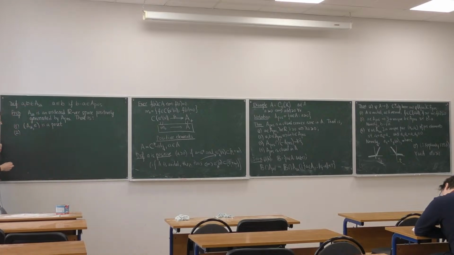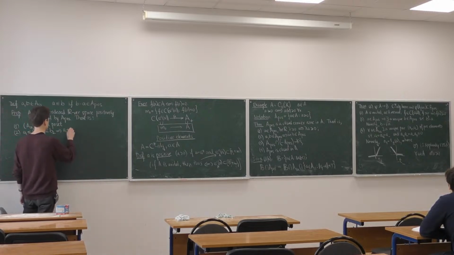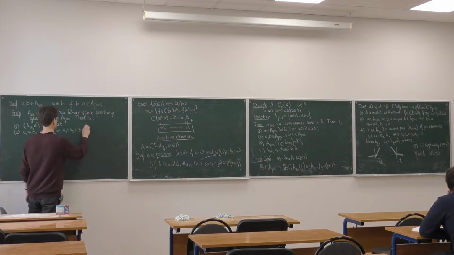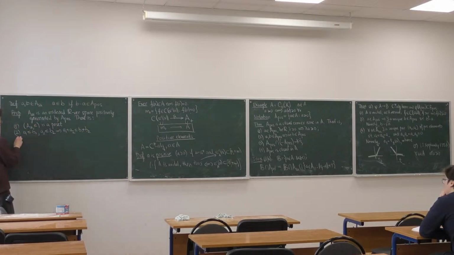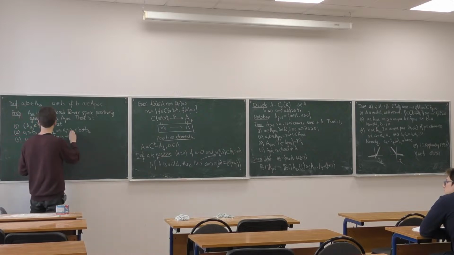Second, this relation is compatible with the additive structure in the sense that if we have two elements, A1 and B1, and another two elements, A2 and B2, satisfying these conditions, then A1 plus A2 is less than or equal to B1 plus B2. And also the order relation is compatible with multiplication by non-negative numbers. If A is less than or equal to B, and lambda is a non-negative real number, then lambda A is less than or equal to lambda B.